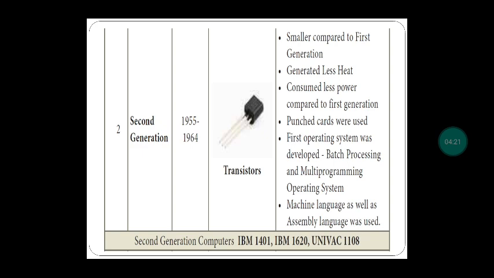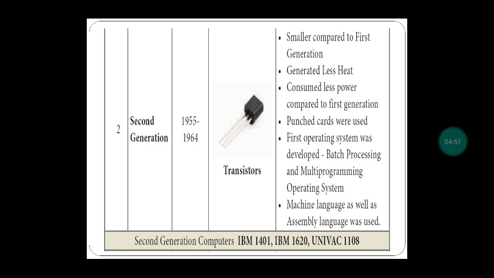Punched cards were used and the first operating system was introduced in the second generation. Operating system means it manages the overall operation of the computer.